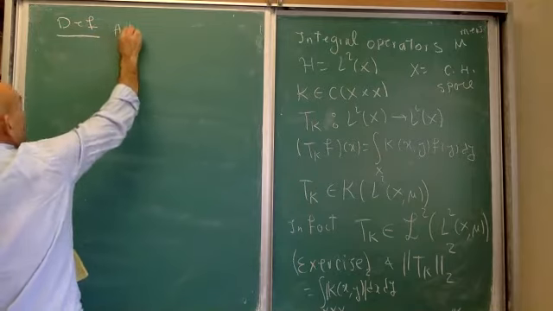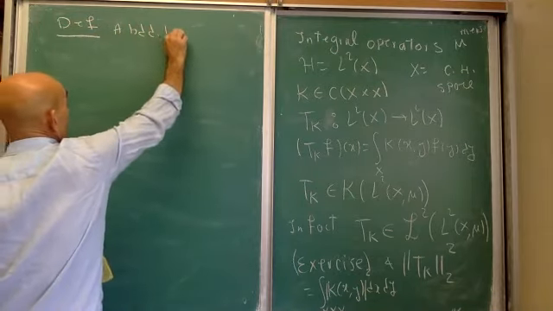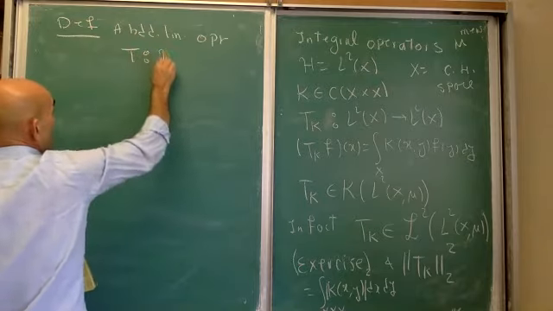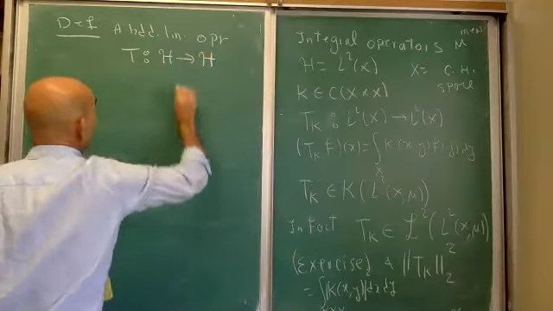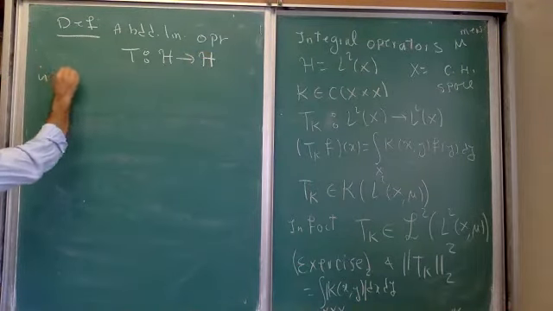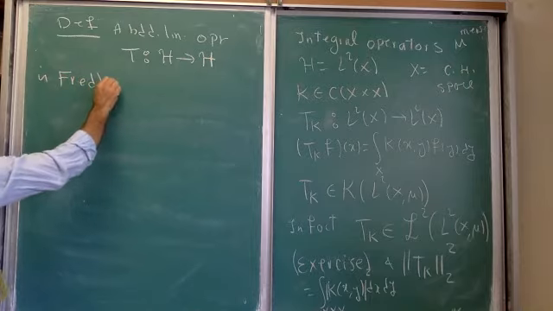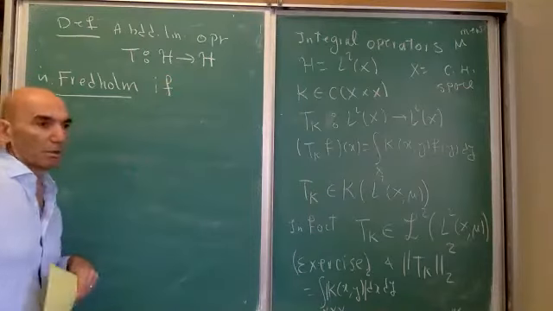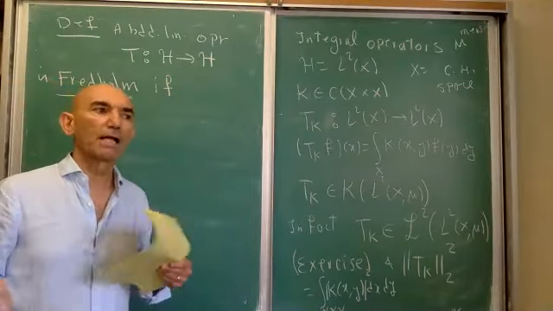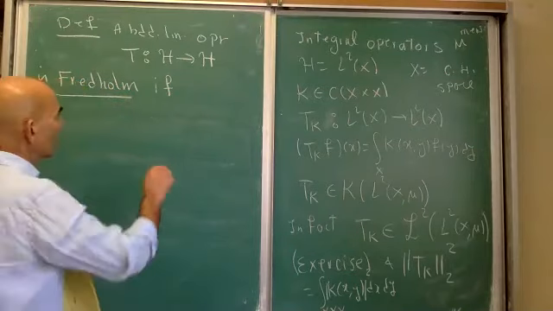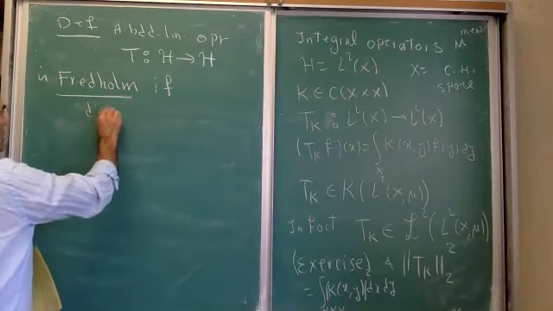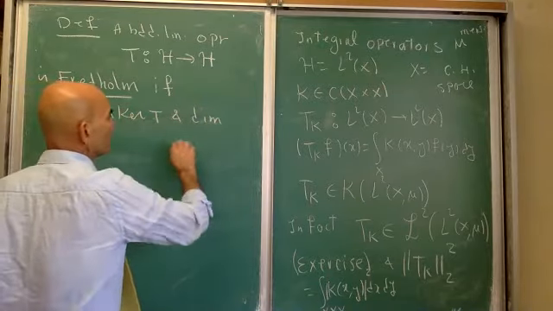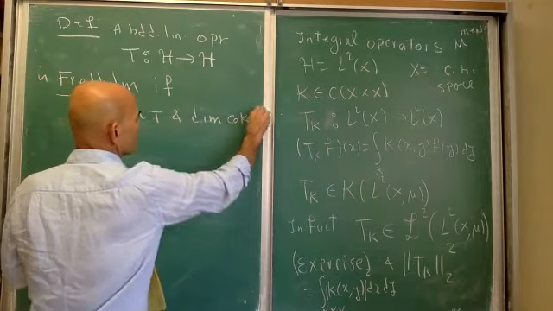So a bounded linear operator T from H to H is called Fredholm if, well, the definition is exactly like the algebraic case that we did, without any difference. If the dimension of the kernel of T and the dimension of the co-kernel of T are both finite.